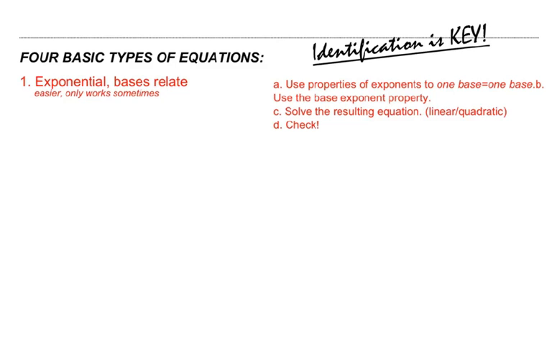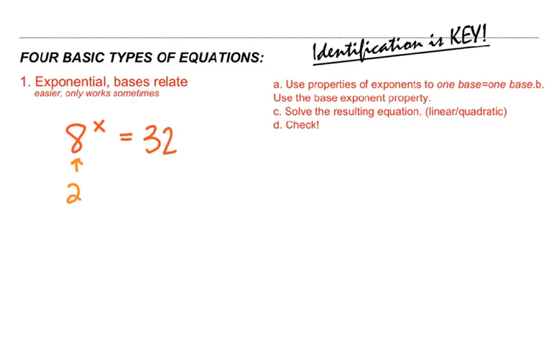Okay, so an example of something that might be exponential, bases relate, might be if I had 8 to the x equals 32. So when we think about this, we're always thinking about bases and remembering that exponential equations, we've got these base values, and we want to think about those bases as being powers.